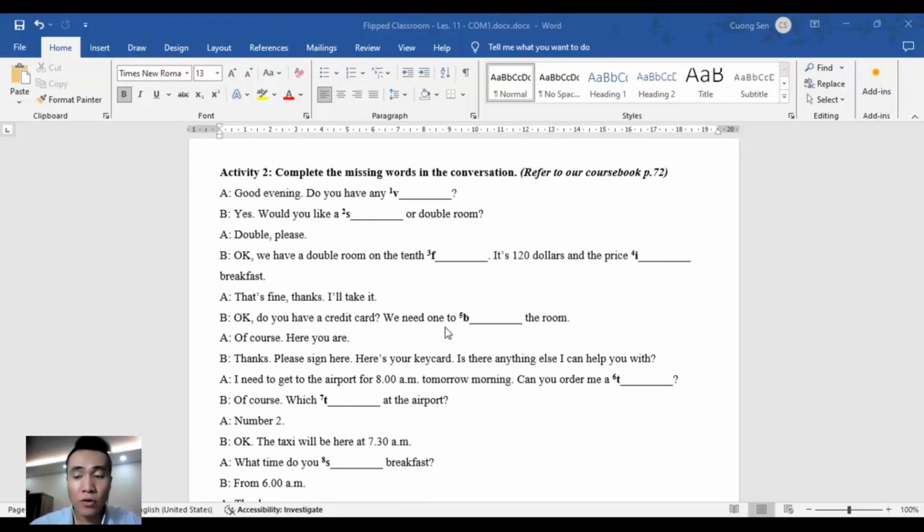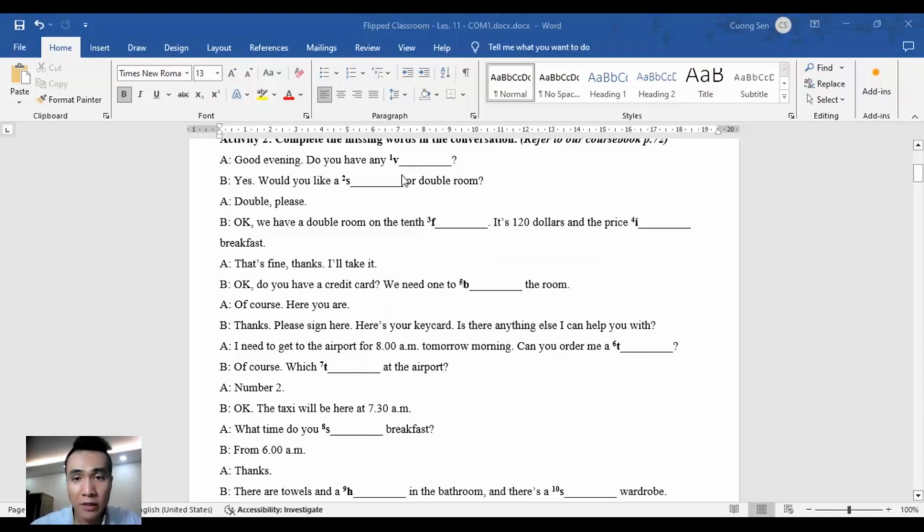In this part, you are required to refer to our course book, page 72, to complete the task. Here, I'll give you the initial letters. So what you need to do is look in the course book and try to find the words that start with, for example, the V, and make sense and match with the whole conversation.